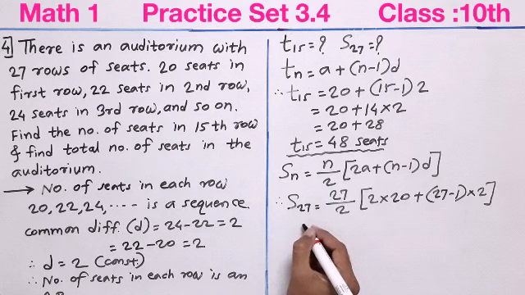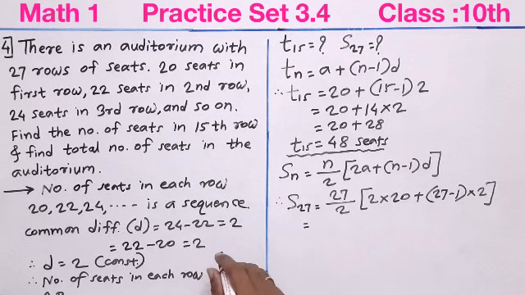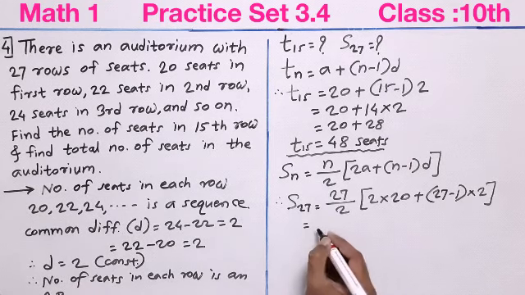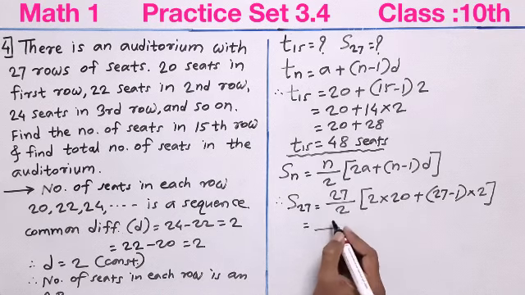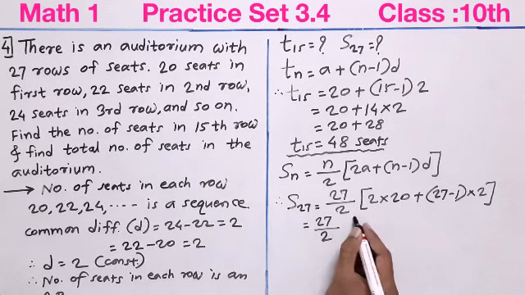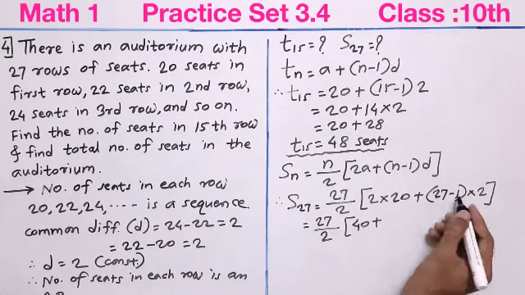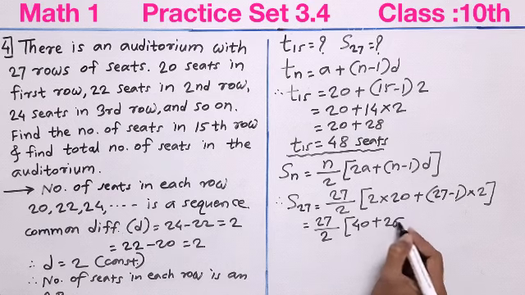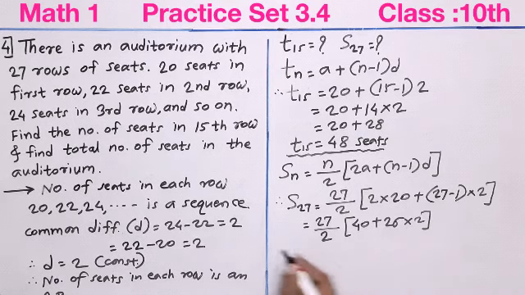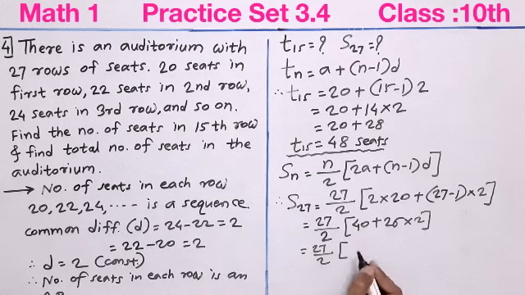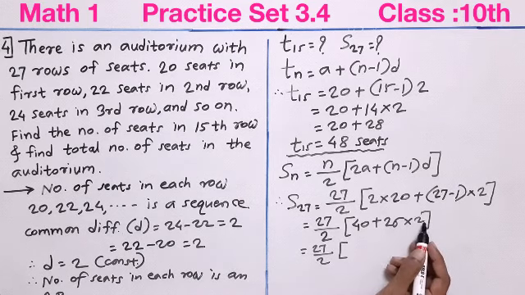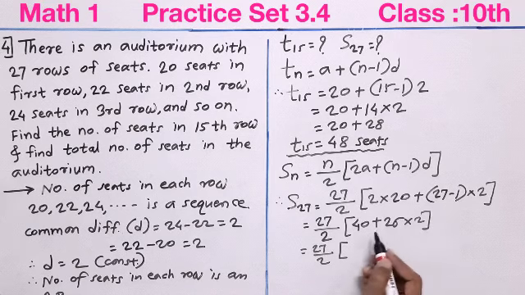Now let us solve this so that we can get the total number of seats in the auditorium. 27 is not divisible by 2 because it is an odd number. So it will be as it is, 27 upon 2 in bracket 2 2s are 4, that is 40, plus 27 minus 1, 26, into 2. Now 27 upon 2 will be as it is; in bracket 26 2s are 52, and 52 plus 40 becomes 92.